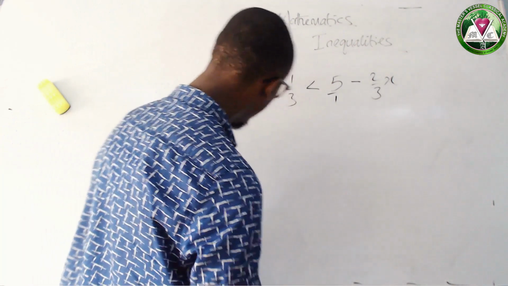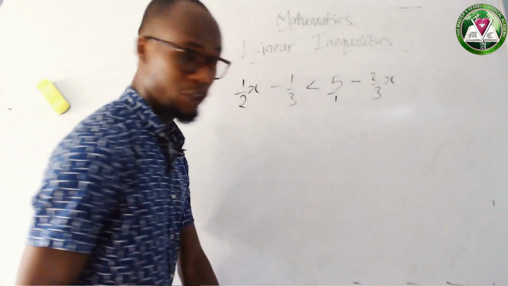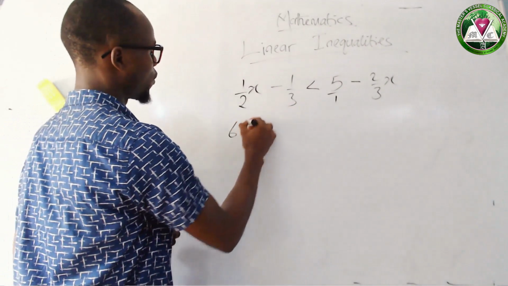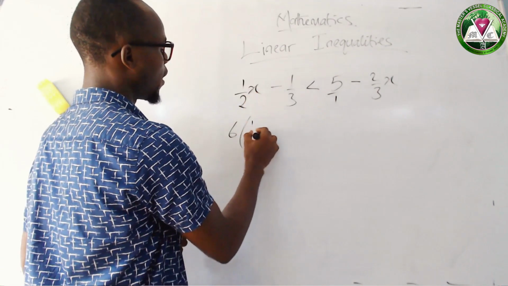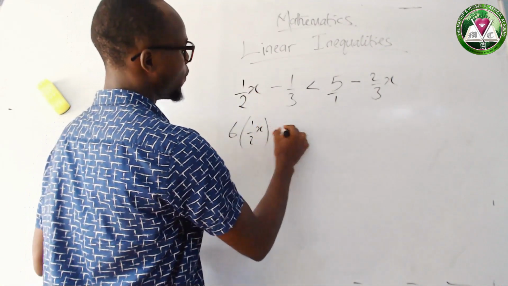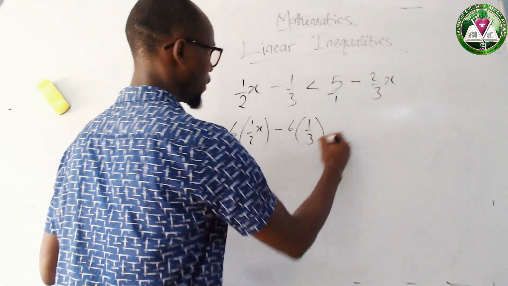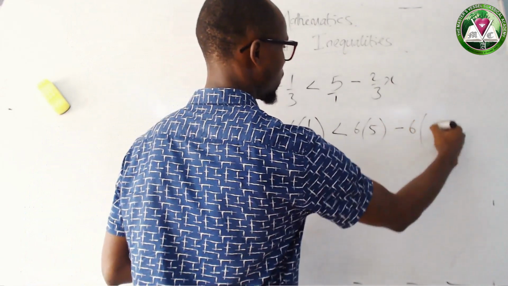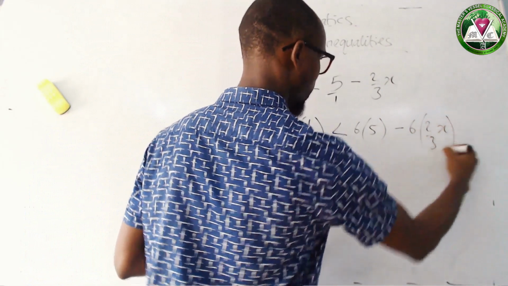So we'll be multiplying through this inequality by 6. So we have 6 multiplying 1/2 of x minus 6 multiplying 1/3 less than 6 multiplying 5 minus 6 multiplying 2/3 of x.